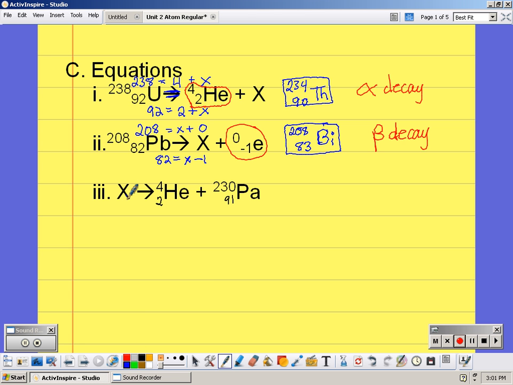So then we would say X equals 4 plus 234, so my missing isotope has to have a mass of 234, and that X equals 2 plus 91, my missing isotope has to have an atomic number of 93. I look for 93 on the periodic table, and that is neptunium. Because we have this helium isotope, I know that this is another example of alpha decay.